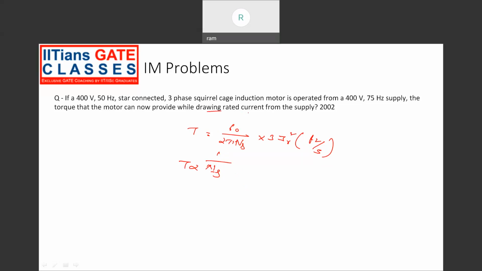So they are saying the rated current from the supply. So we know that Ns equal to 120 F by P. So frequency increases, Ns increases, torque decreases. Okay, let's go to the next question.